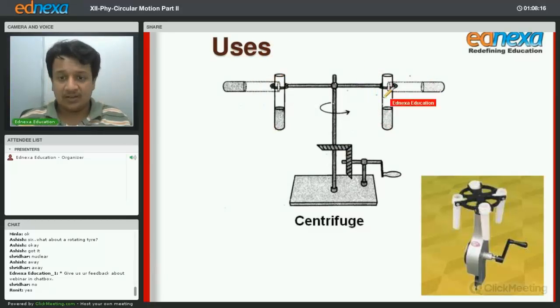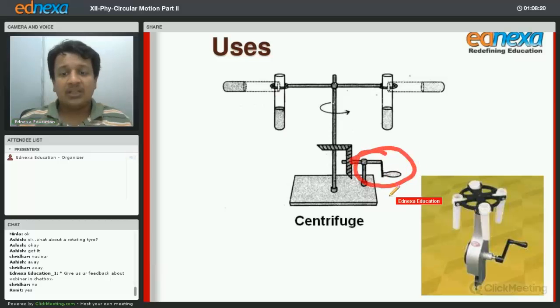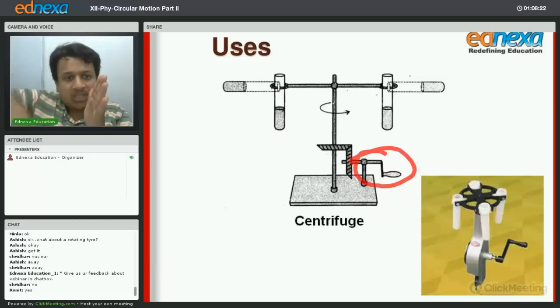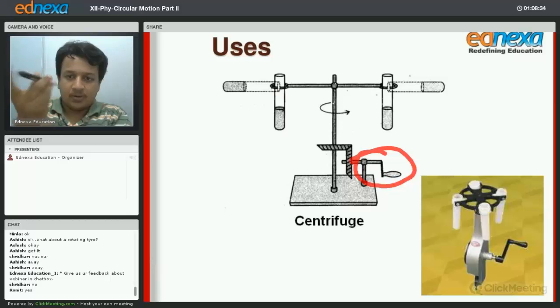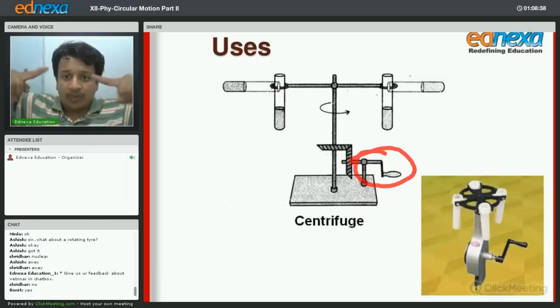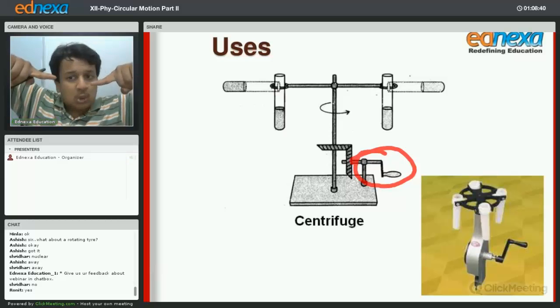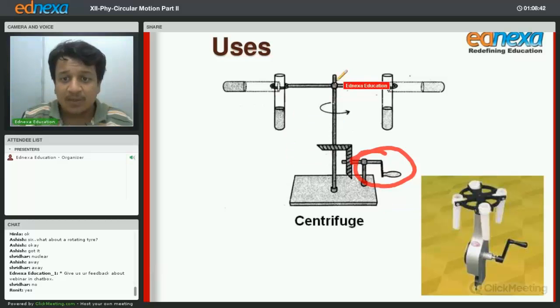Solution is present, and we are going to start rotating this knob. As you rotate this knob like this way, this part also will start rotating. When it starts rotating, the test tubes will become horizontal slowly. See, this is the center.